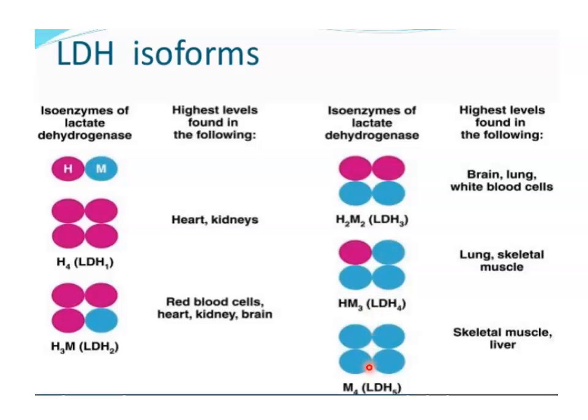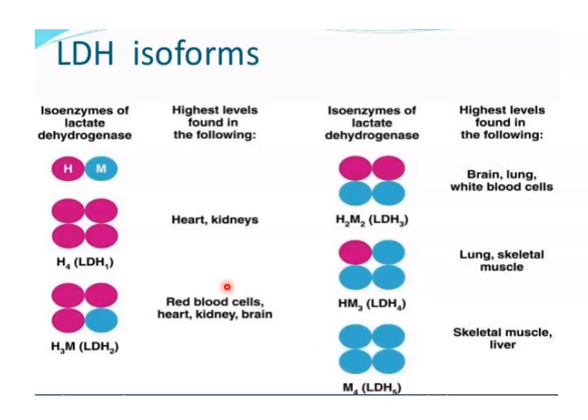LDH5 is mainly made up of 4 M subunits. Among these 5, LDH4 and LDH5 are more specific to skeletal muscle, so more predominantly present in skeletal muscle. So any skeletal muscle injury would result in increased levels of LDH4 and LDH5 in the blood.